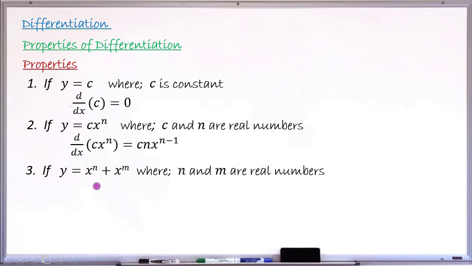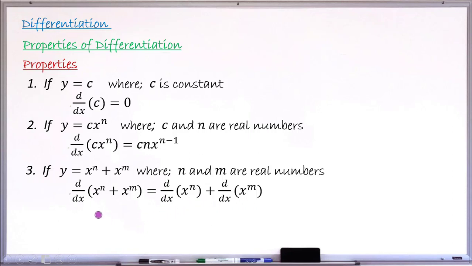So the derivative of x raised to n plus x raised to m is nothing but the derivative of x raised to n separately, then add the derivative of x raised to m separately. Which means if you have a function that has more than one term, according to this property, you find the derivative term by term. If it is addition, then you add the derivatives.